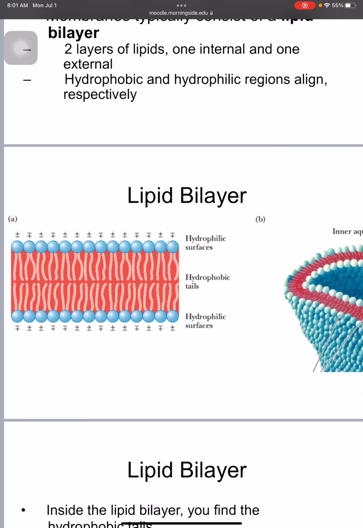And in the middle, hiding away from the water as best they can, are the hydrophobic tails, right? They're lined up with each other. It forms a little sandwich, right? The polar head groups are the bread, and the hydrophobic tails are whatever you put on a sandwich: cheese, peanut butter, whatever. And if you look at the other photo there, B, it's more of a 3D look, and you get more of a gauge for the depth and overall structure of these guys.